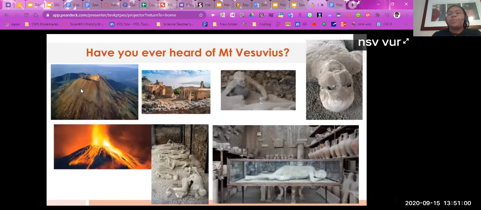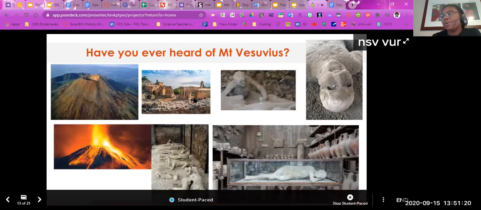And so what ended up happening, some excavators went to the area and they actually dug out a lot of these different ruins that you see in the pictures. And yes, those are bodies. Those are human bodies of the people that did not survive the volcanic eruption. So this is some of the buildings that were in the area.